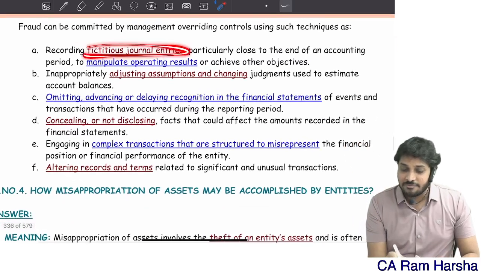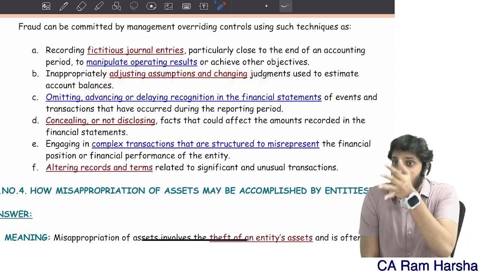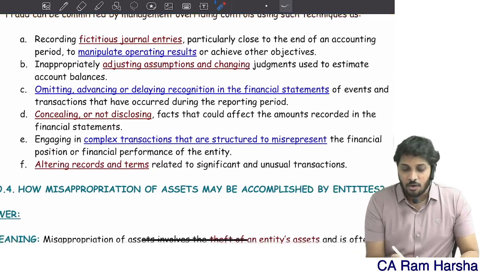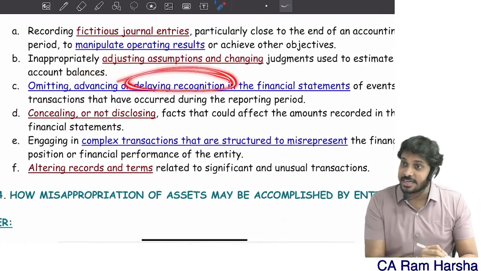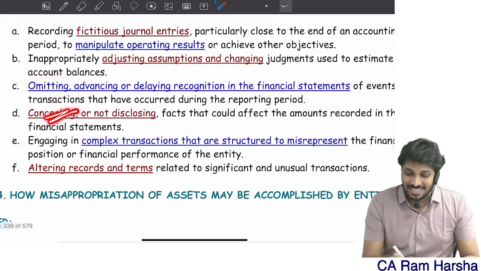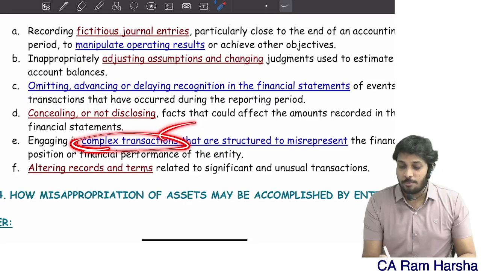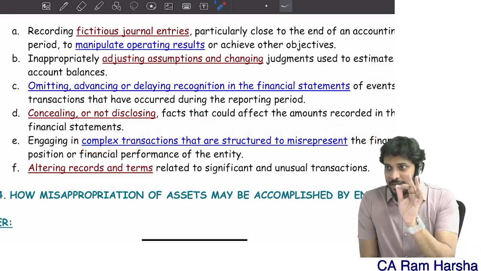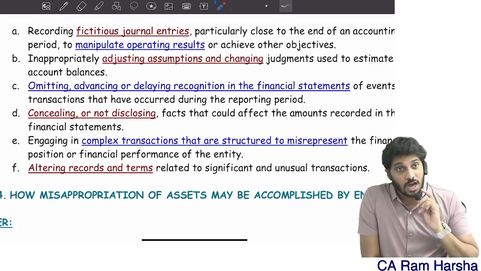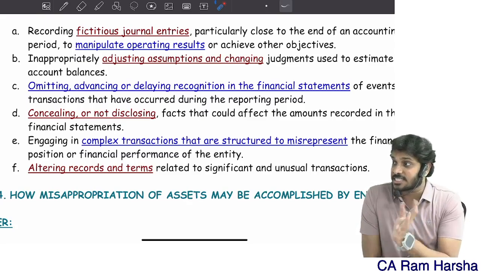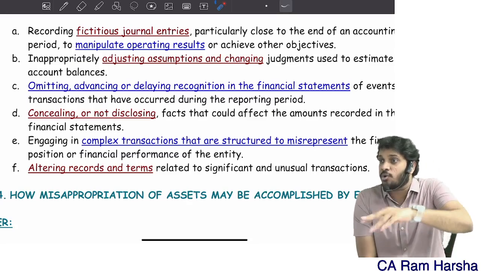For example, recording fictitious entries, adjusting assumptions and judgments to estimate accounting balances, such as provision for bad and doubtful debts, intentionally calculating at a lesser level, omitting some transactions, or preponing the recognition, delaying the recognition, or omitting it completely, concealing or not disclosing facts to the auditor or in the financials, engaging in complex transactions, altering records and terms and conditions that are significant and unusual, engaging in related party transactions outside the normal course of business. These are all various ways frauds can be committed by management by overriding controls.